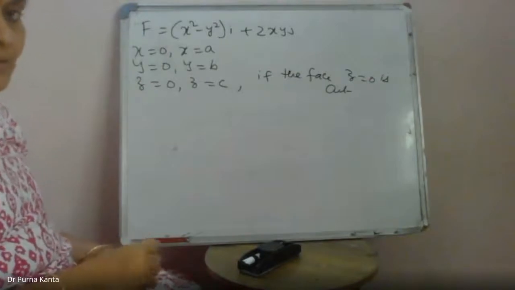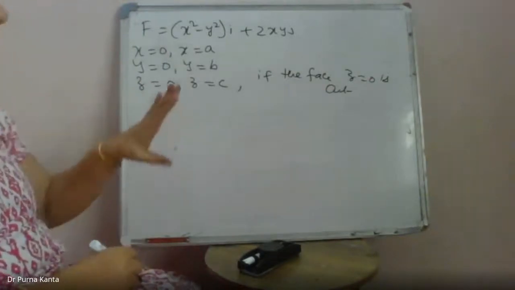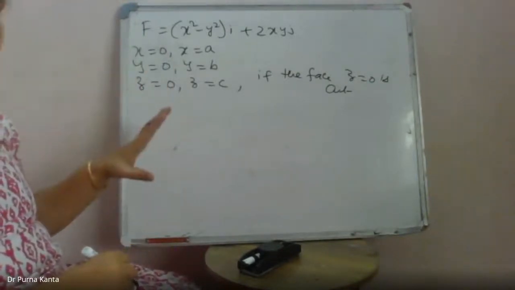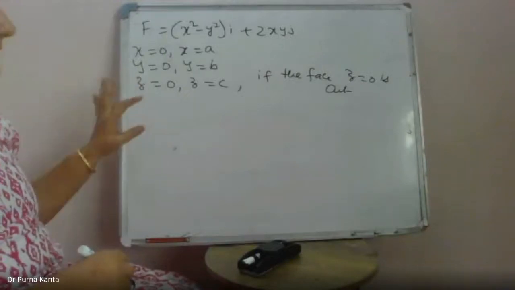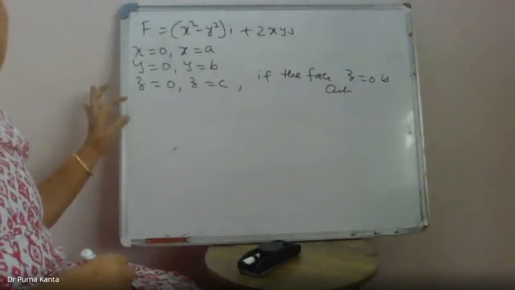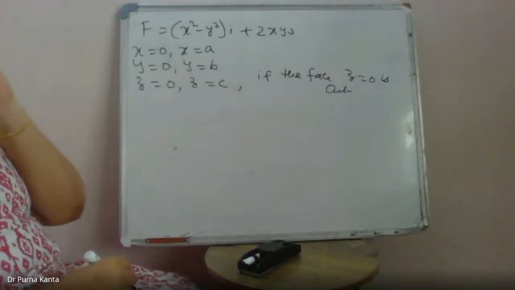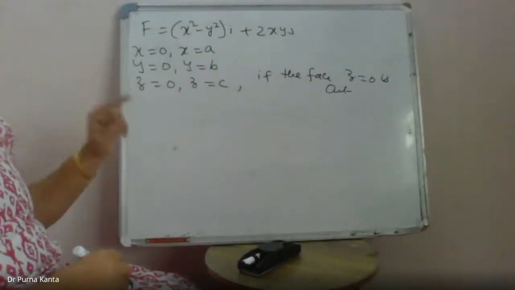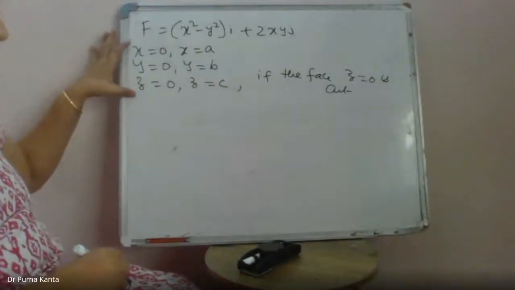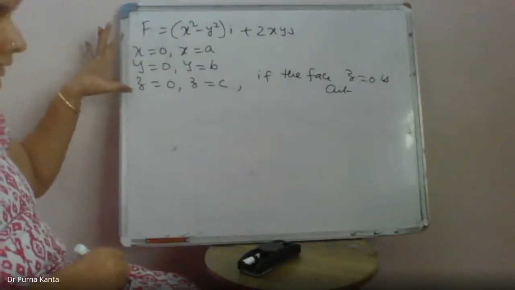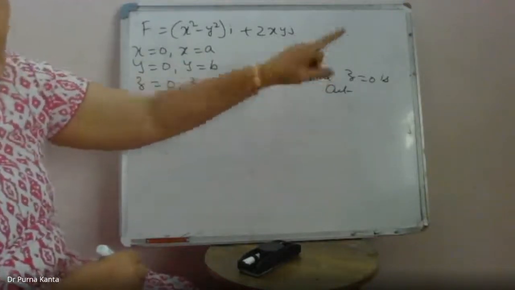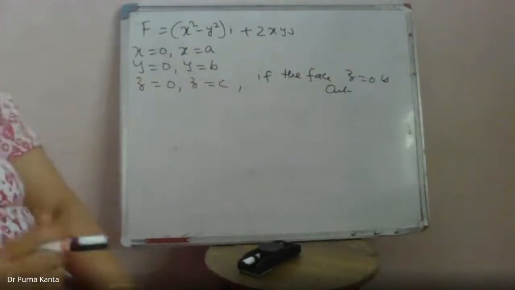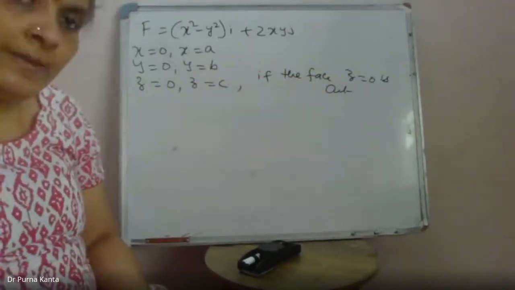First, I will explain to you the complete problem, what actually is to be done in this. Then we'll start solving it. This is one of the lengthiest problems in this module, because we are given an open box. We are asked to verify Stokes theorem for this open box where this face is cut. We have seen already in the statement that Stokes theorem is always related to an open surface.